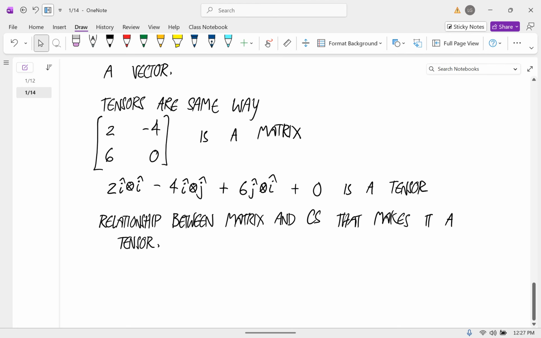But this idea is going to be important. Because these stress tensors are tensors, we're going to be able to convert from one coordinate system to another using a specific kind of math that, if it was just a matrix, we wouldn't be able to do.